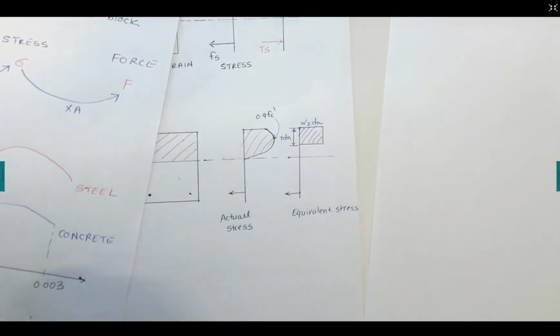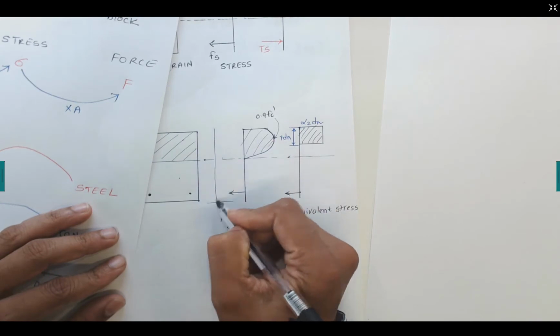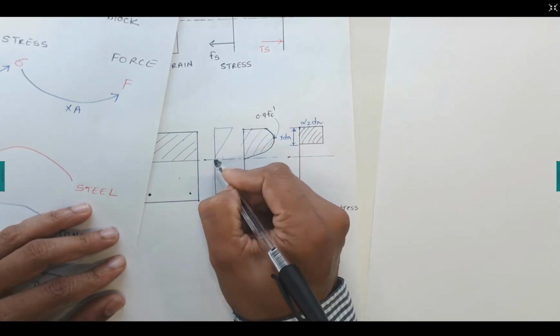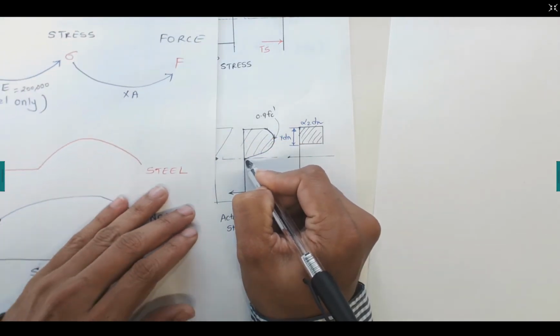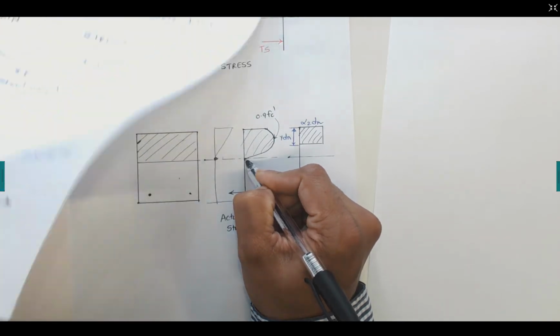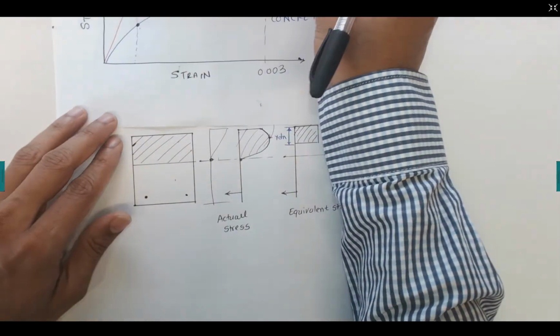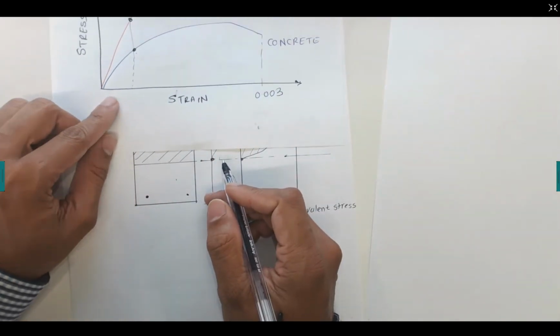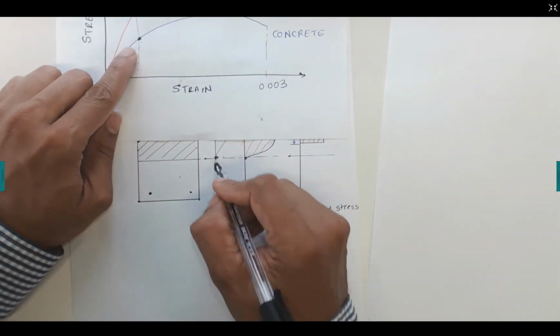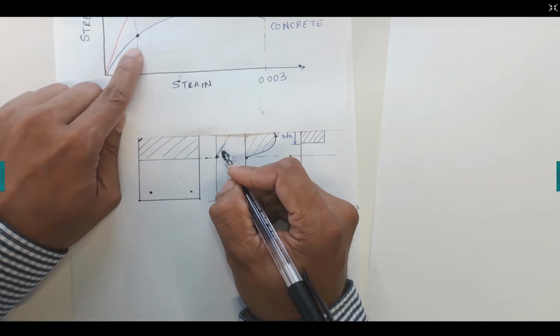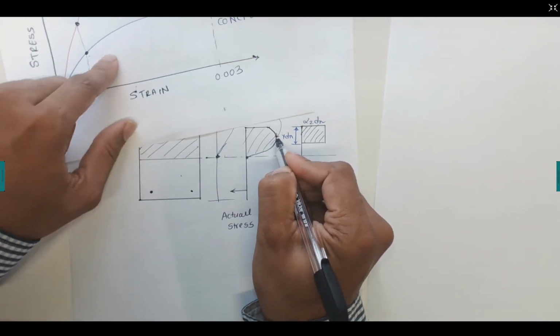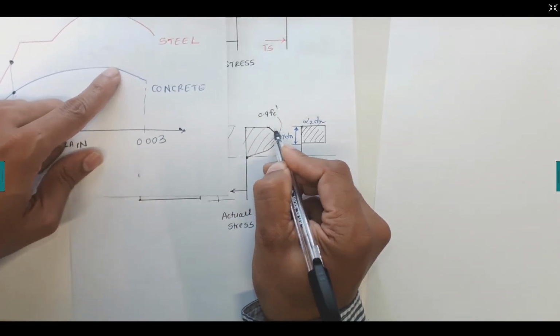So if you have this linear strain diagram, zero stress at zero strain, I'm just following here, 0, 0. As the strain increases, the stress increases, we reach the maximum point, and then it comes down to here.